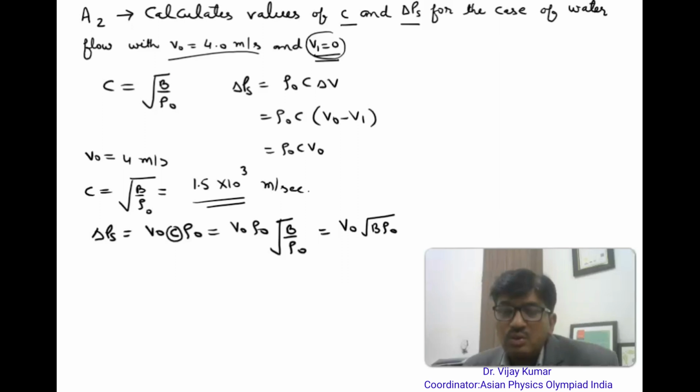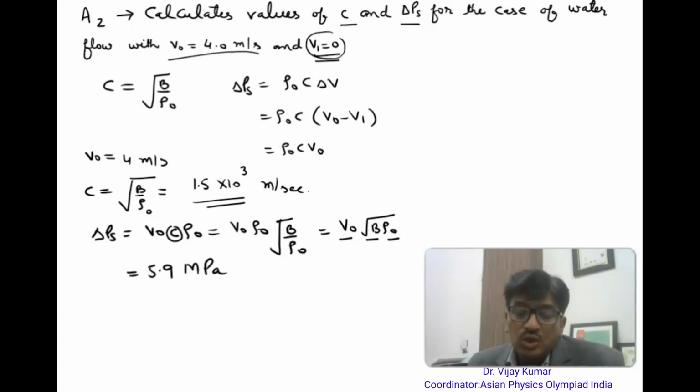After putting the values of V naught, B and rho naught, it becomes 5.9 megapascal. So delta PS is 559 times the standard pressure.